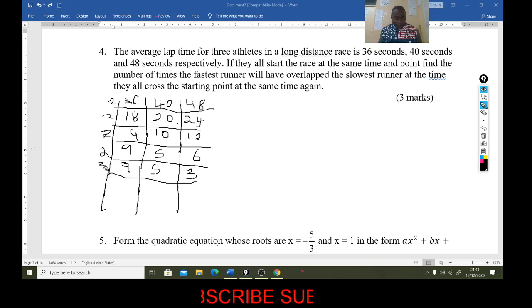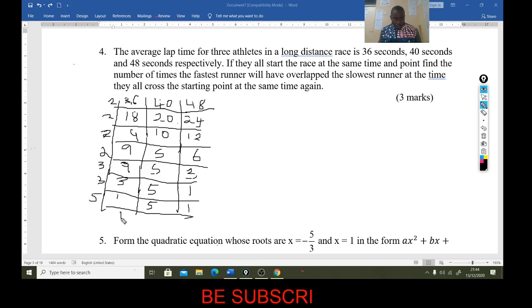So 3 goes into 9 3 times. 3 doesn't go into 5, so we retain the 5. 3 goes into 3 1 time. Then we finish with 5, and we get 1 1 1. Then we are done.